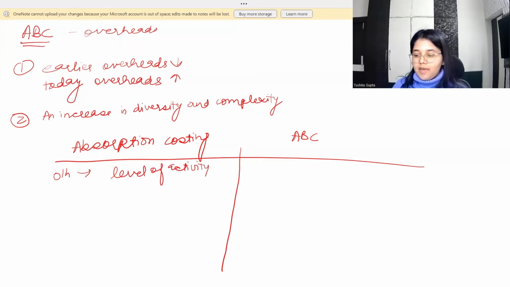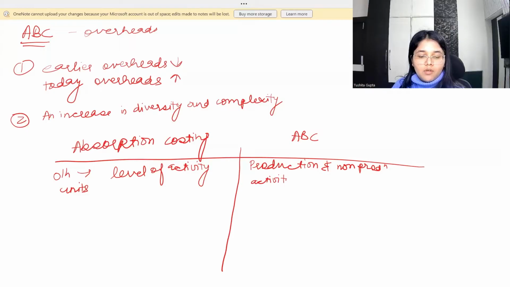However, when you are using ABC, both production and non-production related activity levels are used. So over here it might be the number of units, and over here you will also be considering the non-production activities. This is one difference between traditional absorption costing and ABC.